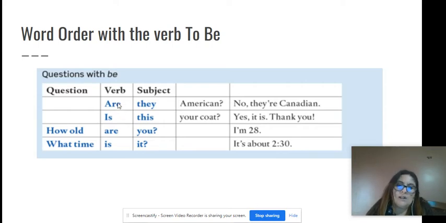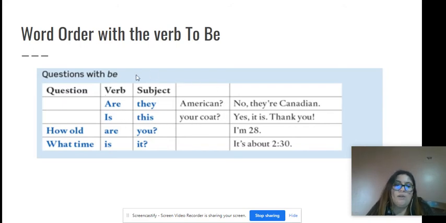In this case, are, they; this is for is. And then we have a kind of complement. It could be a noun, an adjective, or other word. And then you have the question mark. So this is the order for yes/no questions.